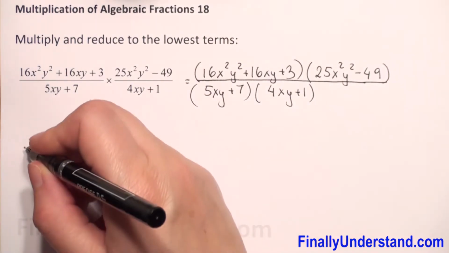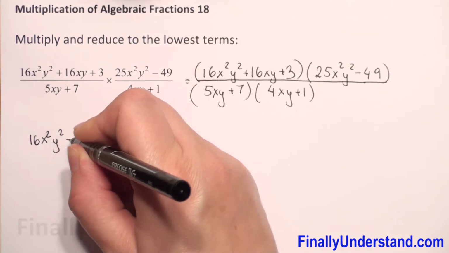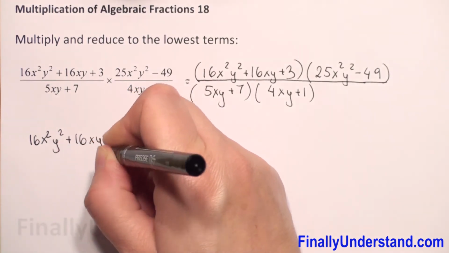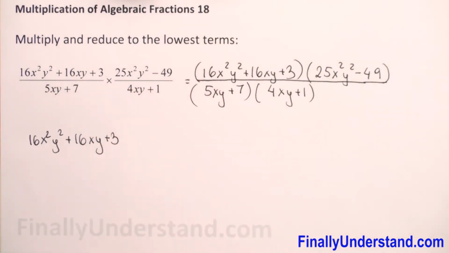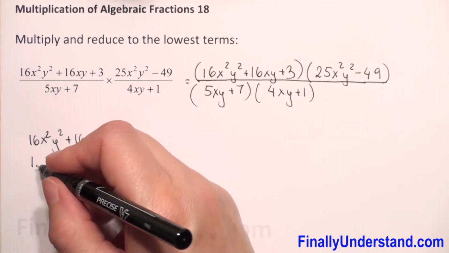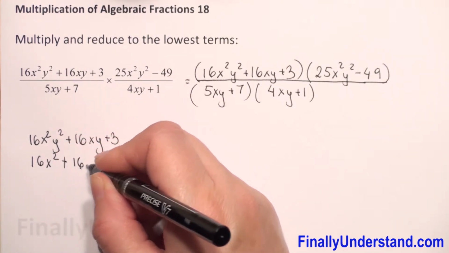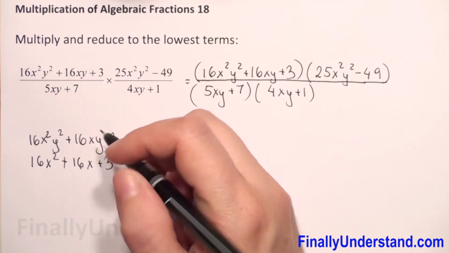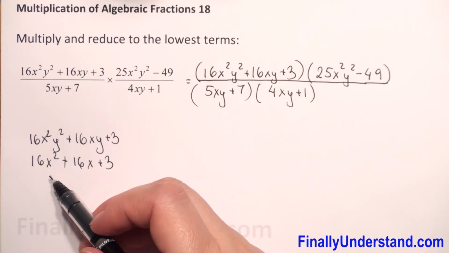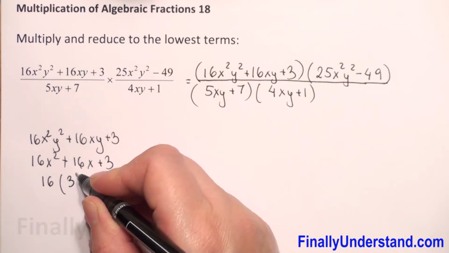So let me copy this expression. We have 16x squared y squared plus 16xy plus 3. Let me rewrite this expression without y, so it will be 16x squared plus 16x plus 3. Coefficient before x squared is 16, so I have to multiply 16 by the constant, so by 3.